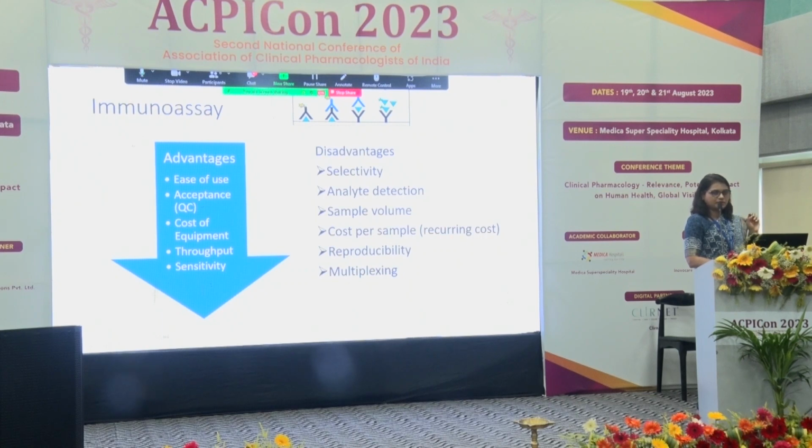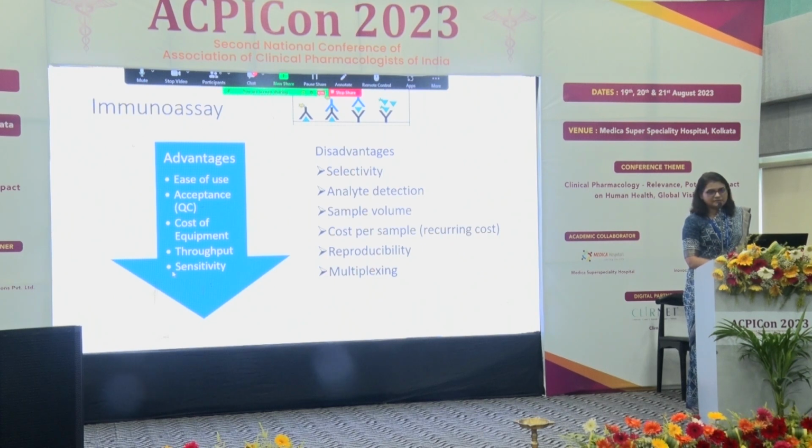The acceptance quality controls are good if you keep all your checks and balances in place. The cost of equipment is less compared to the LCMS-MS. The throughput is fast. Our equipment can process around 450 samples per hour. Now we don't get as many samples, but this is the processing speed of this equipment.